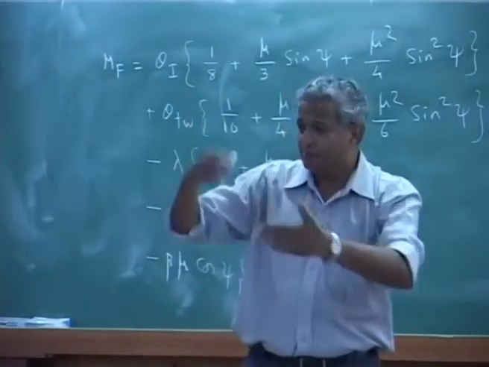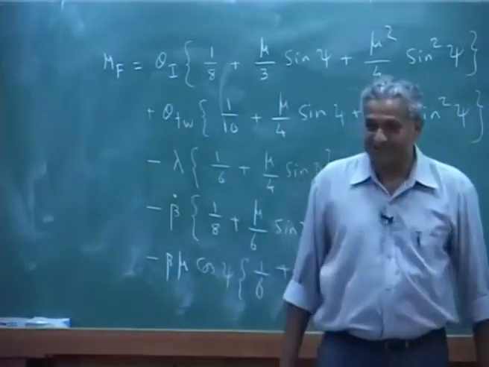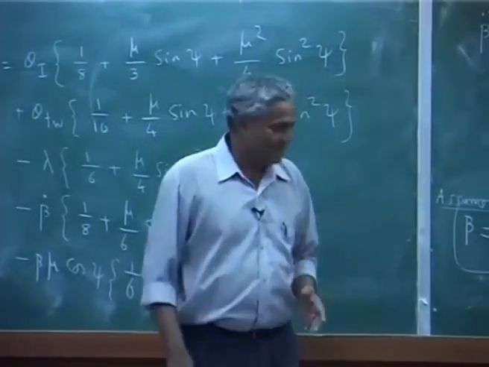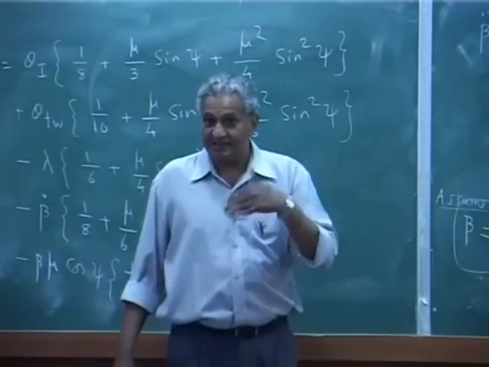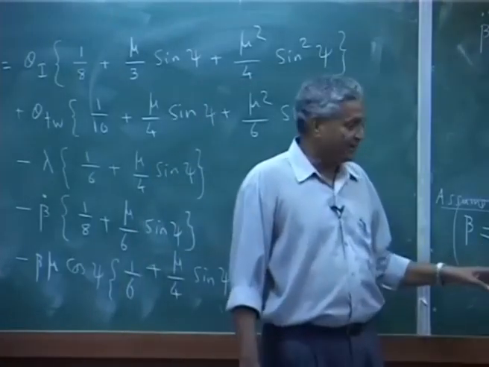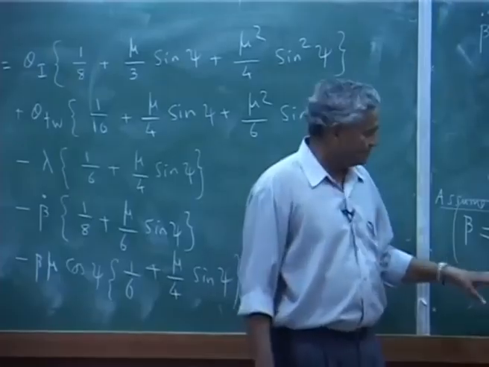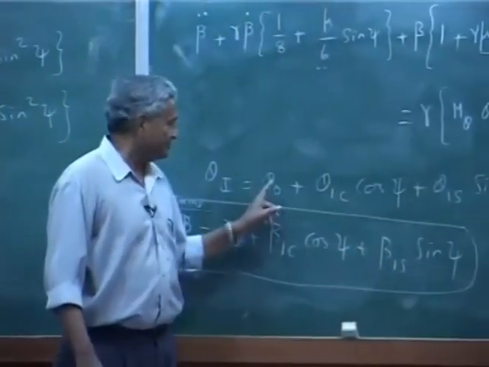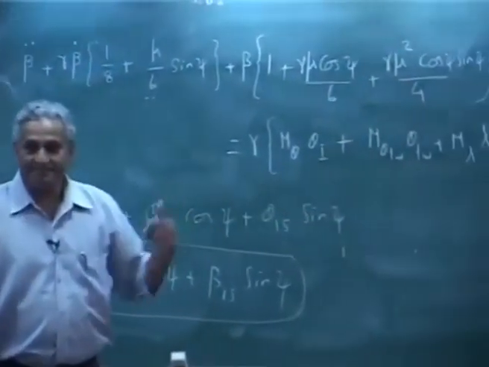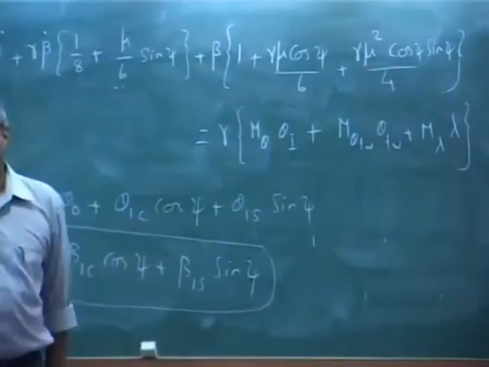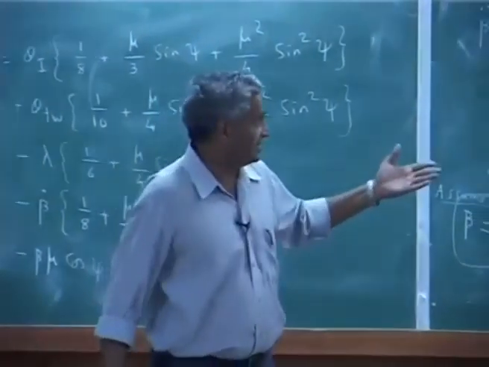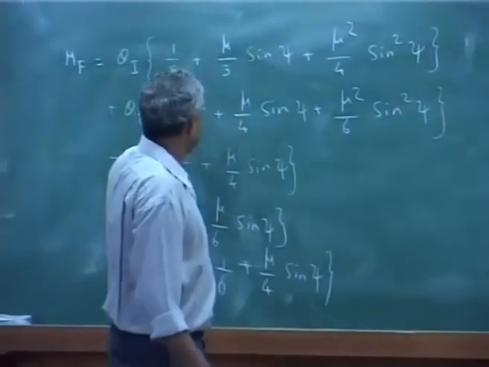Then you will have 3 equations, and they will be algebraic equations because all the derivatives are known. From there you can get a relation between these and lambda and theta twist. And of course mu is always there because everywhere mu is sitting there.